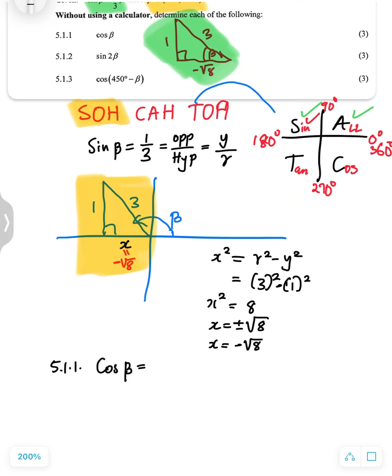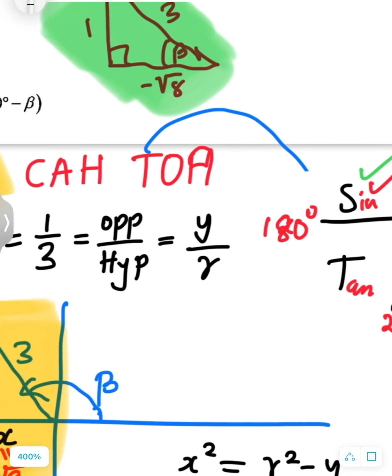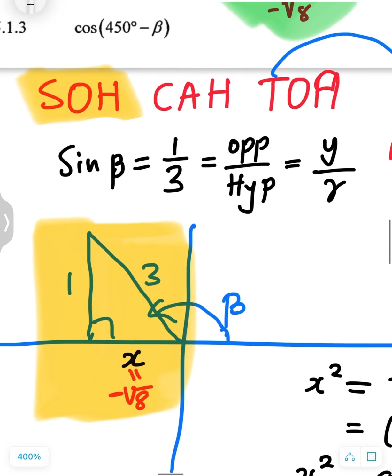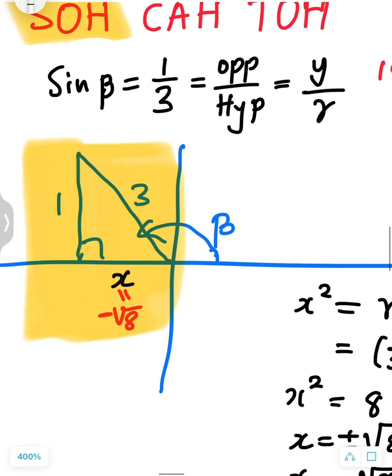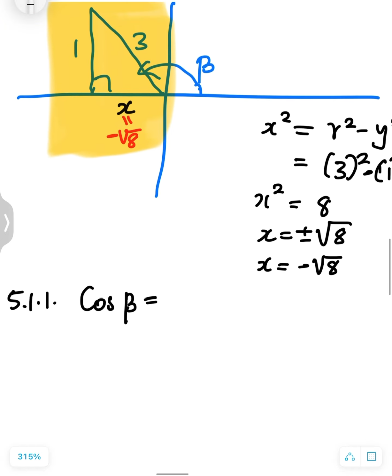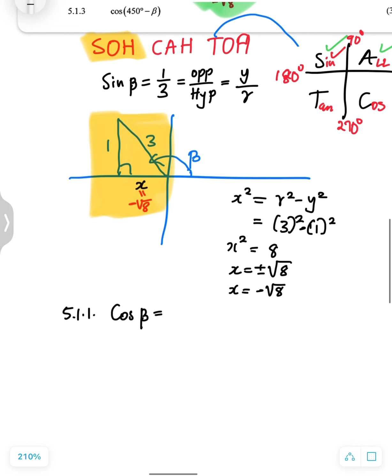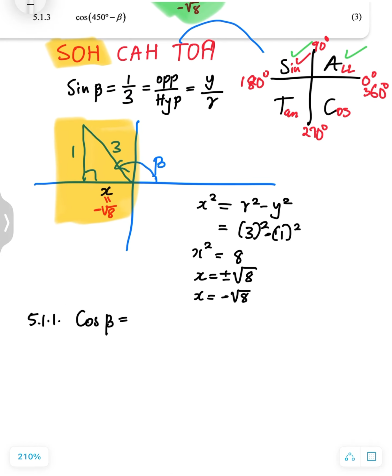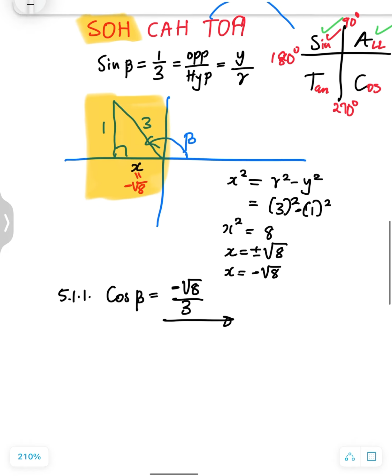Using this diagram, cos is adjacent over hypotenuse. So adjacent is negative root of 8 over hypotenuse, which is 3. So the answer for 5.1.1 is negative root of 8 over 3.